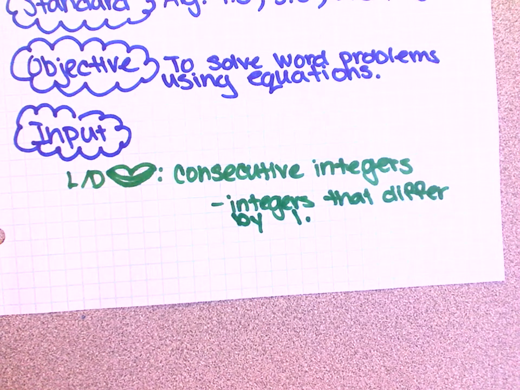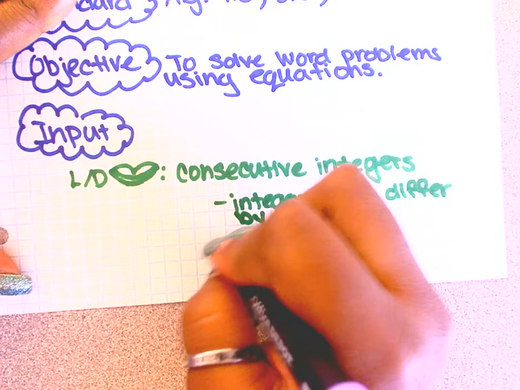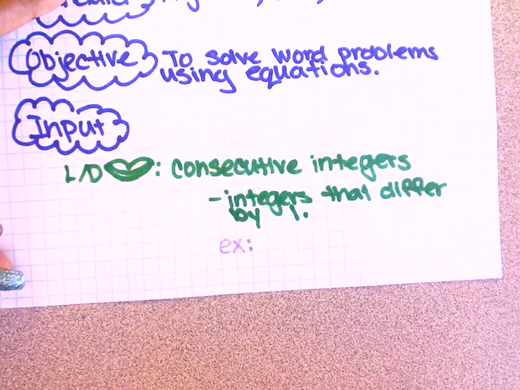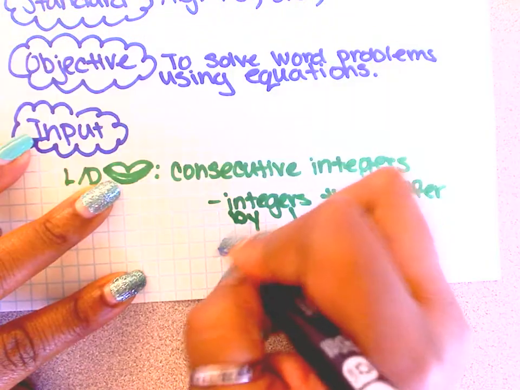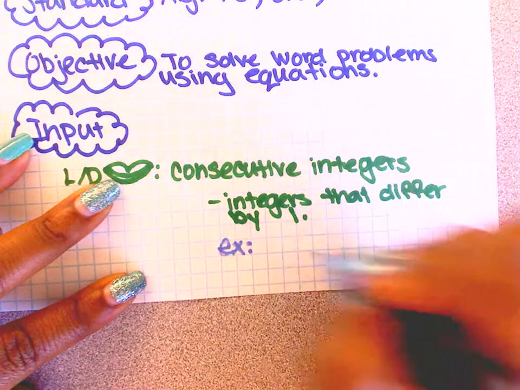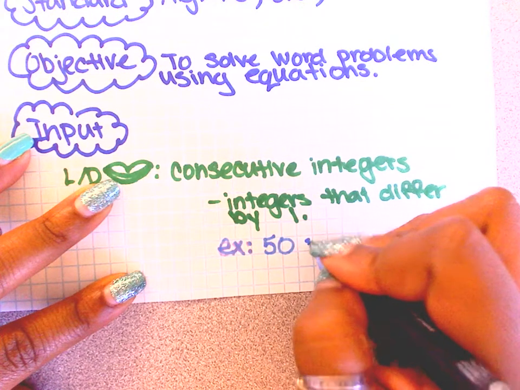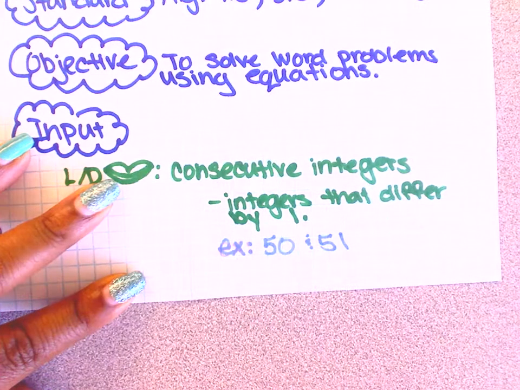I will give you an example. For example, EX right there. It's kind of light and you get a darker color. There we go. For example, 50 and 51. Those are both integers.